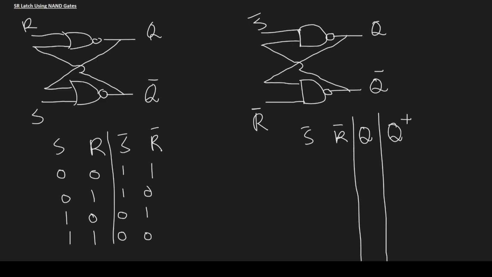For S bar, R bar, first we have 1 1. We'll write it twice because the current state Q could be 0 or 1, and we want to analyze what happens in each. Next, we have 1 0, also written twice to see what happens when the current state is 0 and when it is 1.